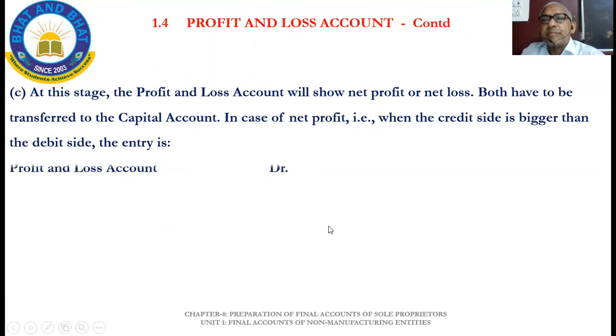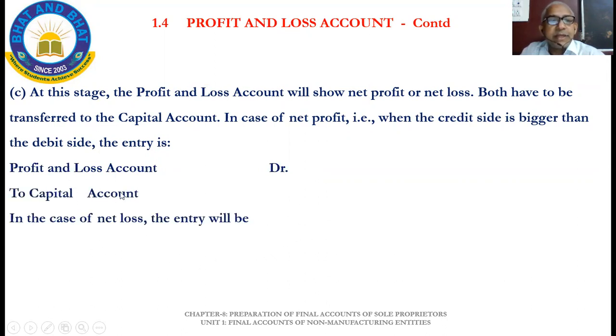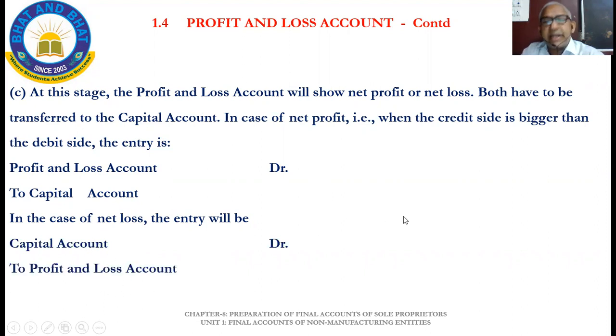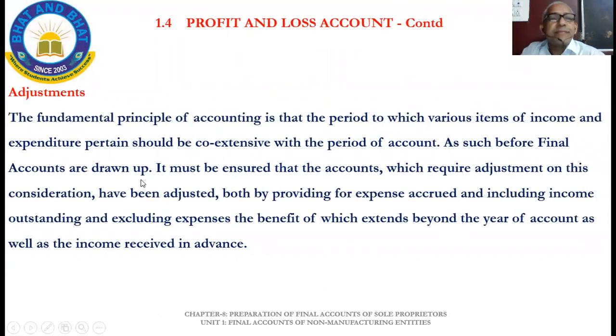Okay, see, then it will be transferred. Net profit will be transferred for that entries P&L account debtor to capital account. In case of loss, capital account will be debit and P&L account will be credit. Okay, adjustments, again I will come back. Before that we shall do this much.